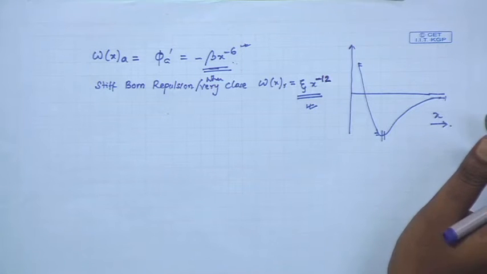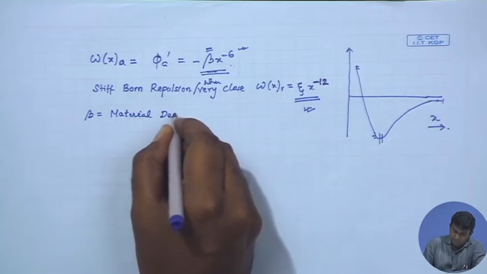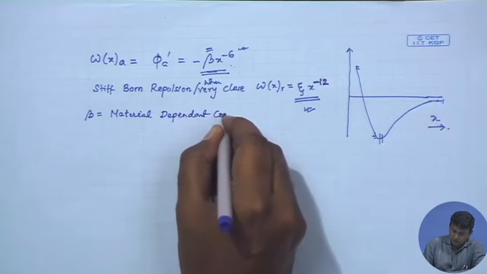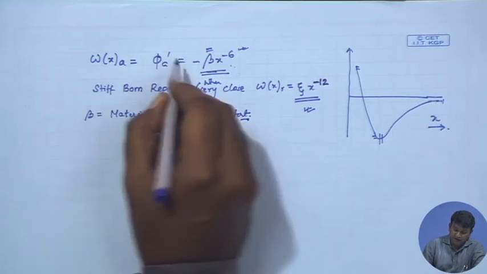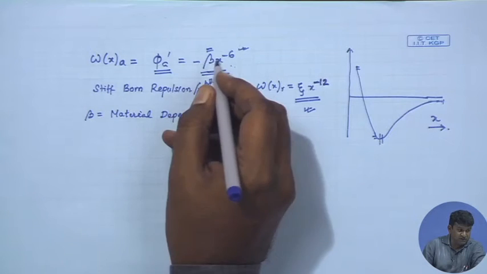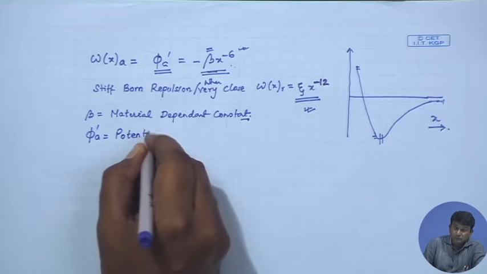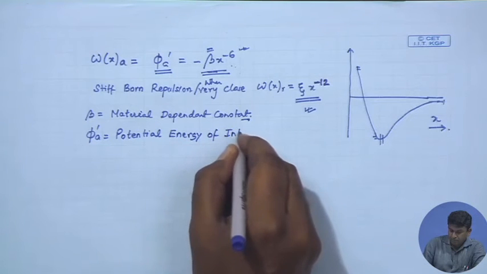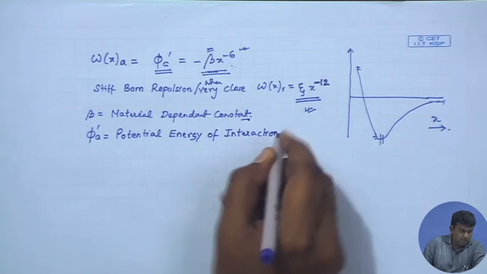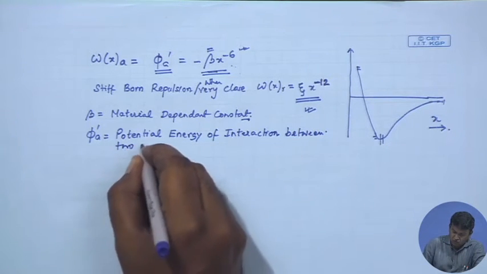So, anyway, beta of course is a material dependent constant, and however, the generic nature remains the same, and this phi dash represents the potential energy of interaction between two molecules.